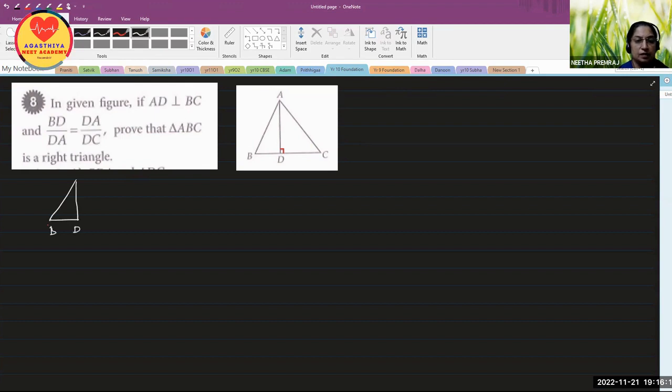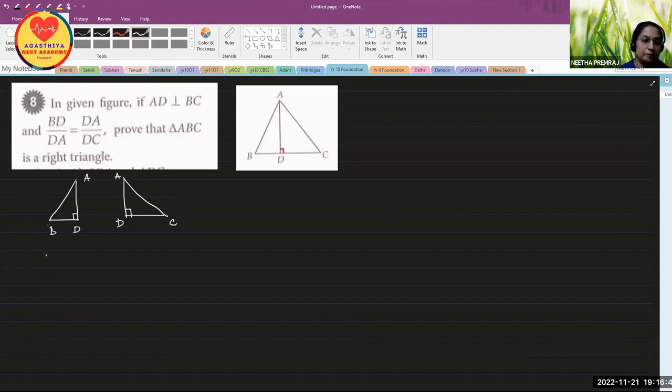BDA, here it is 90 degrees. And another triangle, DA, DC. Another triangle. And this is A, this is DC.